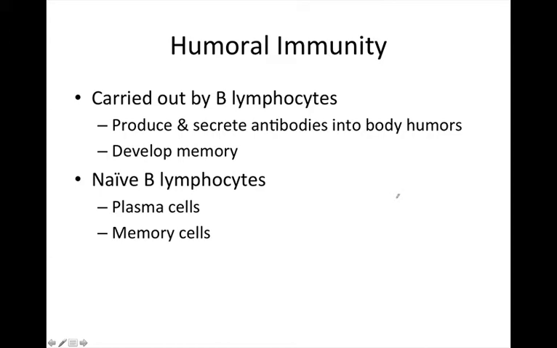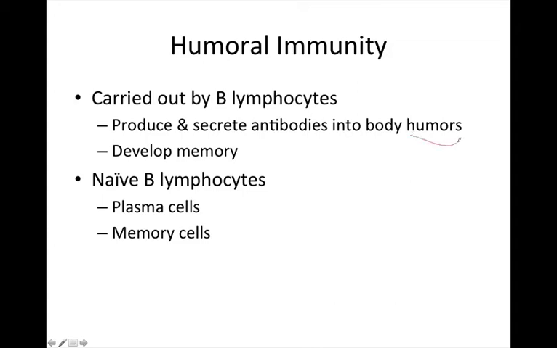And now, remember that the main purpose of this process is to manufacture and secrete specific antibodies that carry out indirect attacks against foreign invaders, more specifically, foreign antigens. Now remember that concept of humoral immunity. Remember what a humor is, a body humor. It's just a body fluid compartment.